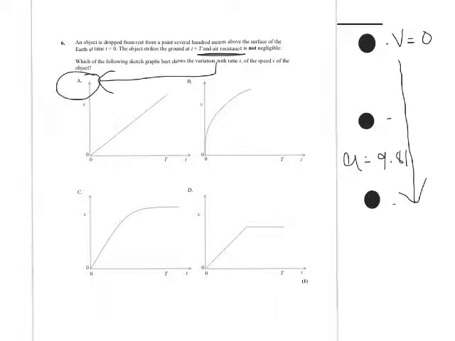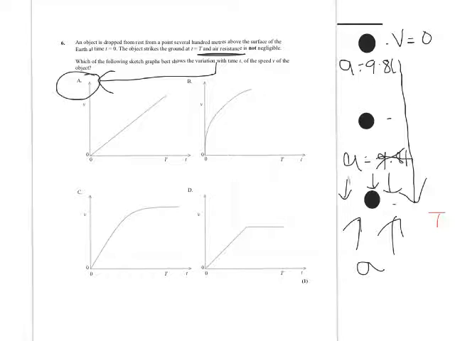Well, the acceleration slowly reduces. It starts off with an acceleration of 9.81, but as it goes, the air pushes up on the ball and slows it down. You end up with a force that acts upwards to try and balance out the weight down. And you actually get to a point called terminal velocity, which we'll look at in the next chapter, where the two forces, the weight and the air resistance, balance out.